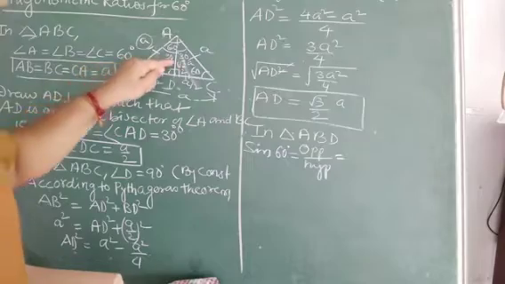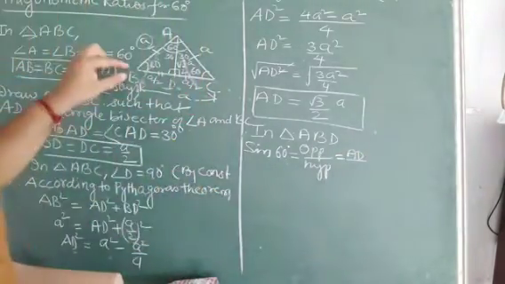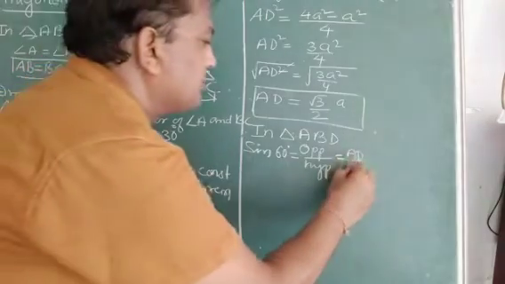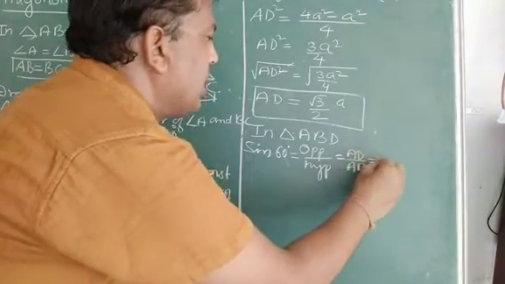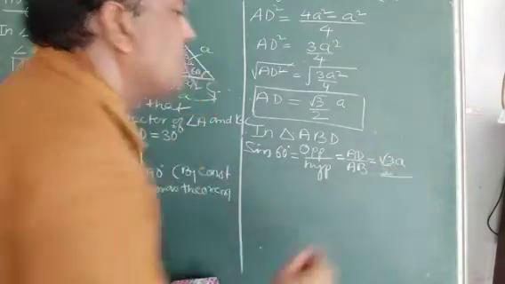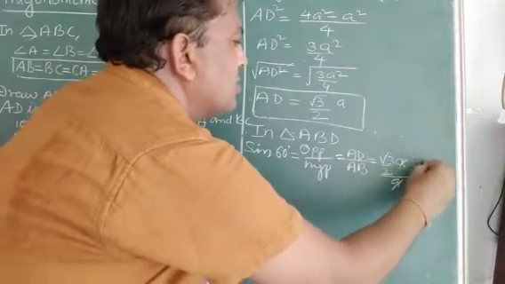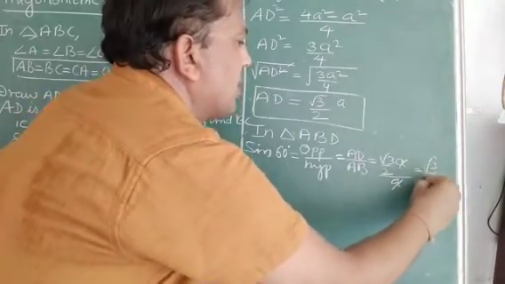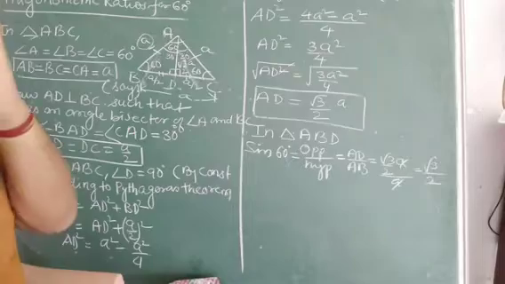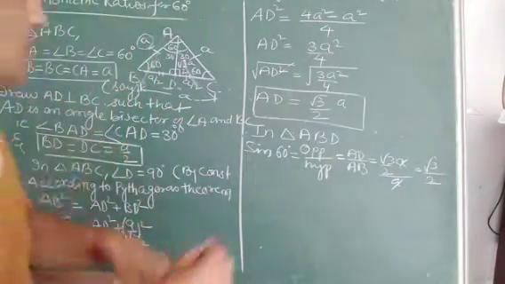With respect to B, opposite is AD and hypotenuse is AB. So AD how much, children? Root 3 upon 2 A, upon AB how much? A. So A cancels. So this value is root 3 upon 2. That is, the sine 60 degree value is root 3 upon 2, children.